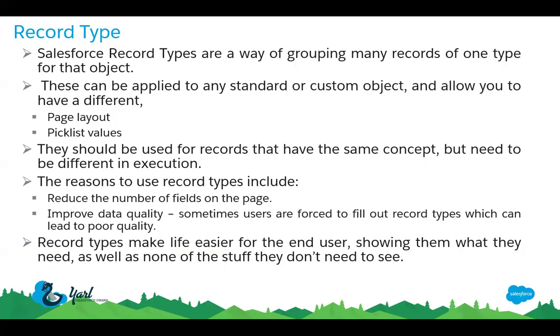There will be no partner name field, and in the partner case, there will be only partner name, there will be no customer name. Right? That's the reason. Record types makes life easier for the end user, showing them what they need, as well as none of the stuff they don't need to see. See, that's the last point.